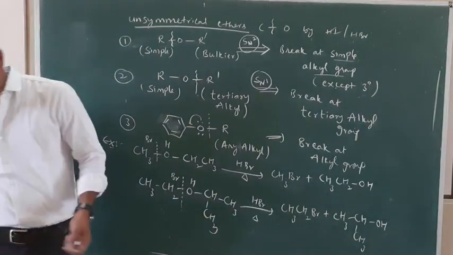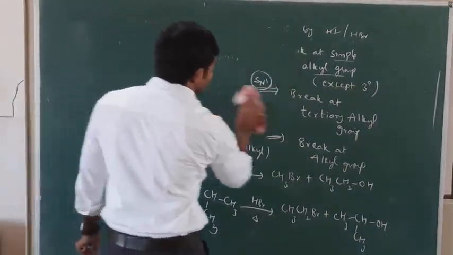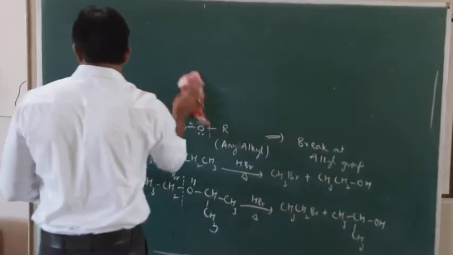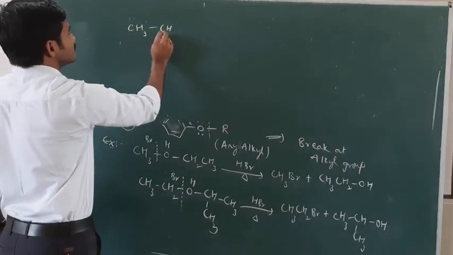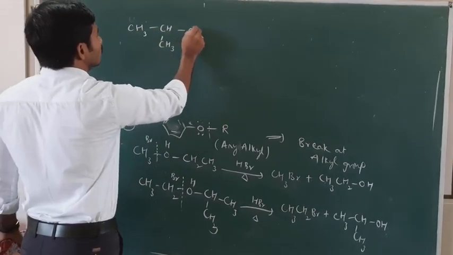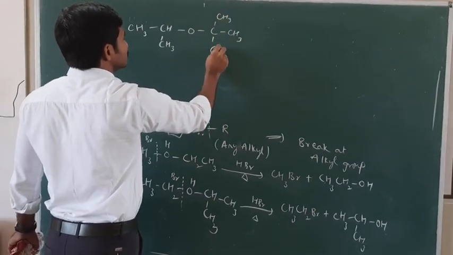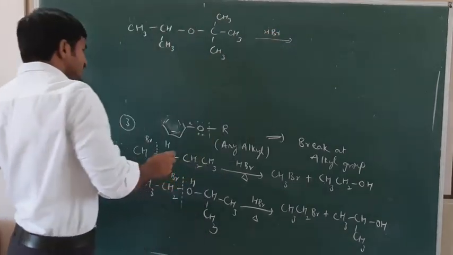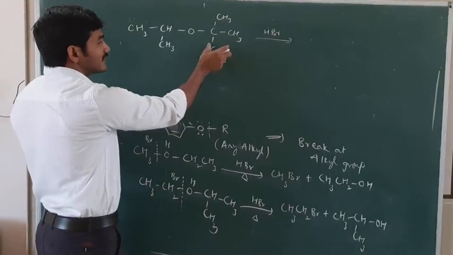Okay, some other examples I write. CH3CH(CH3)-O-C(CH3)3. If I take the HBr, where do we break the bond here? This is one group, this is one group, but this is a tertiary group.